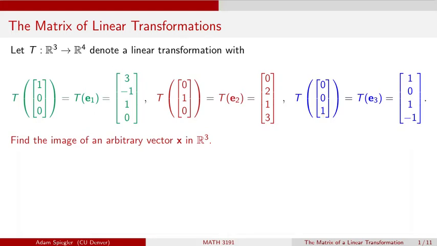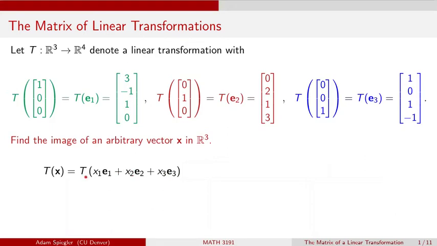So let's see how we can figure out how to map any arbitrary vector x in R3 based on this information. Any vector x in R3, we can write as some linear combination of E1, E2, and E3, because we know that these three vectors span all of R3. So any vector x in R3 can be written as a linear combination of these three vectors.